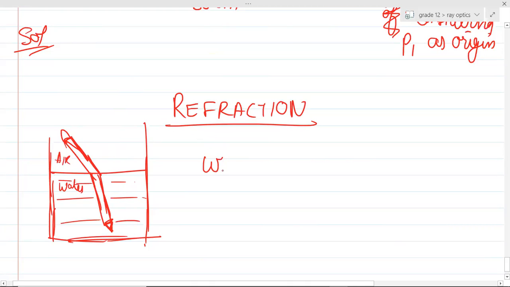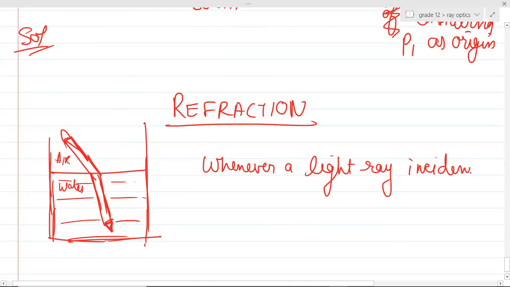So whenever a light ray is incident obliquely. What do you mean by obliquely? Oblique incidence means at some angle, okay? It shouldn't be normal incidence.